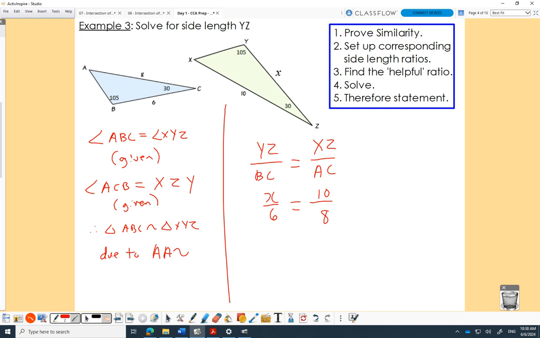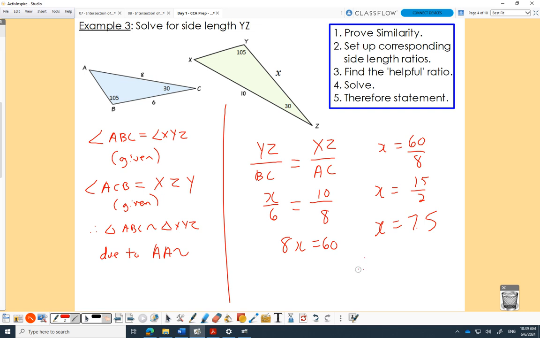Every time this comes up, I'll just cross multiply. That works so nicely. 8x equals 60. That means x is 60 over 8. Reduce that fraction, 15 over 2. X equals 7.5.